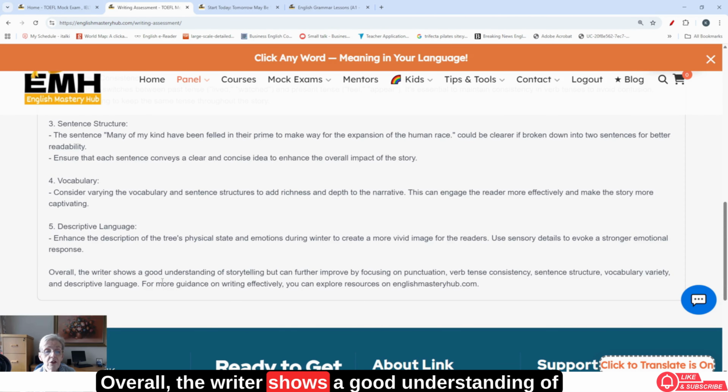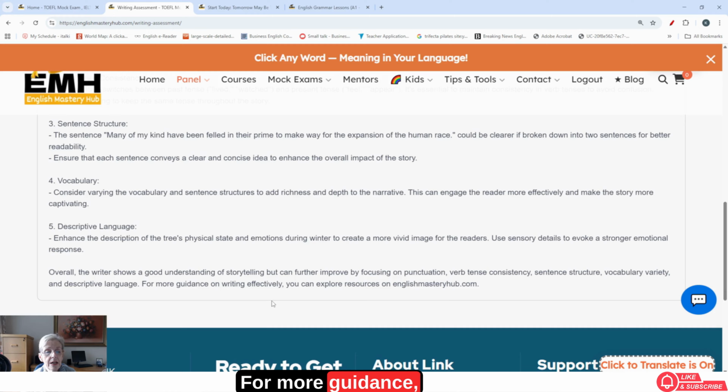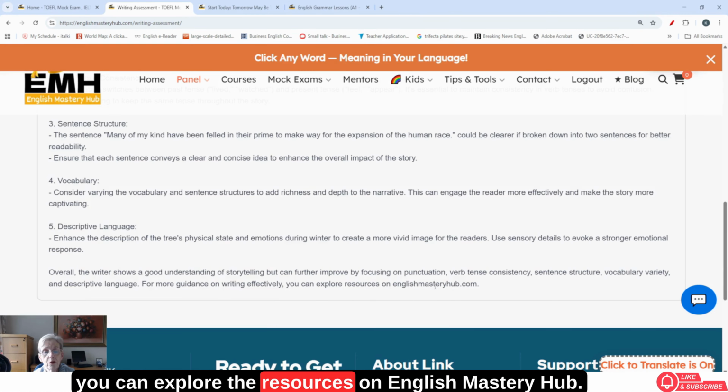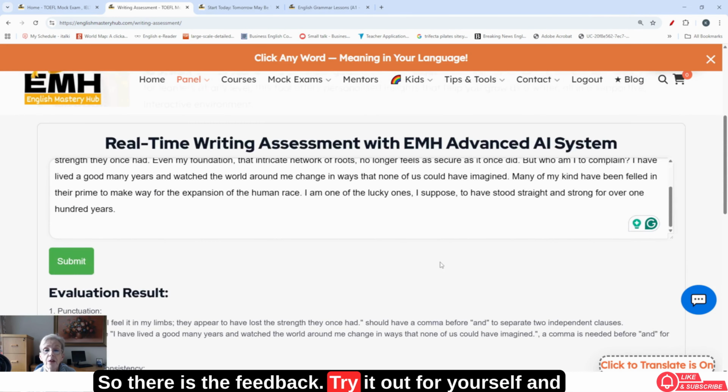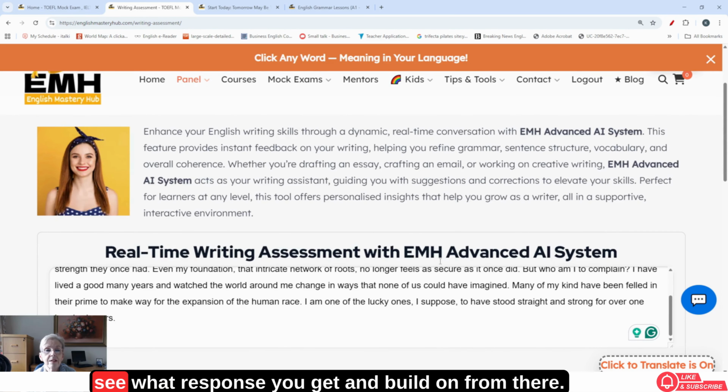Overall, the writer shows a good understanding of storytelling, but can further improve by focusing on punctuation, verb tense consistency, sentence structure, vocabulary variety, and descriptive language. For more guidance, you can explore the resources on English Mastery Hub. So there is the feedback. Try it out for yourself and see what response you get and build on from there.